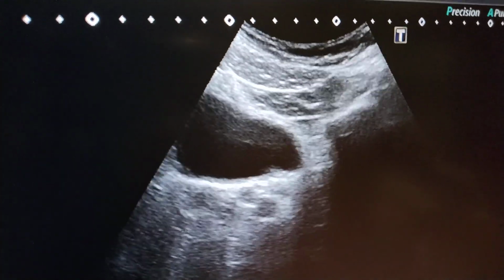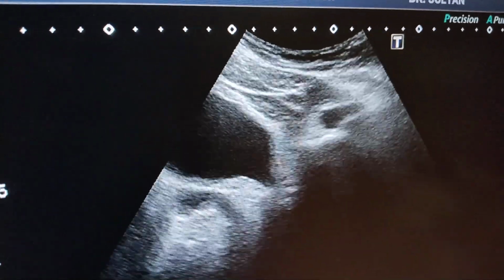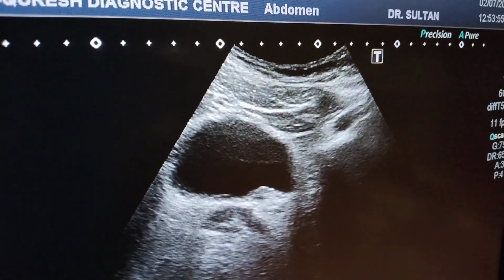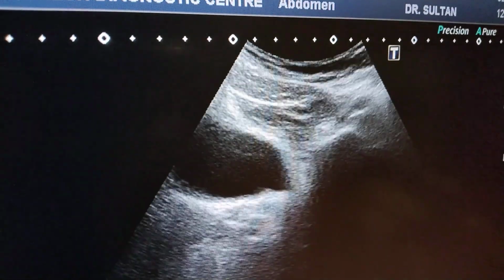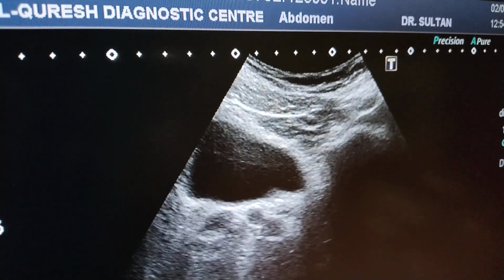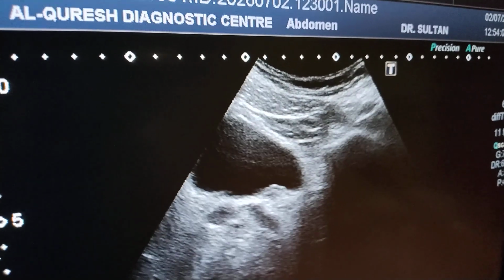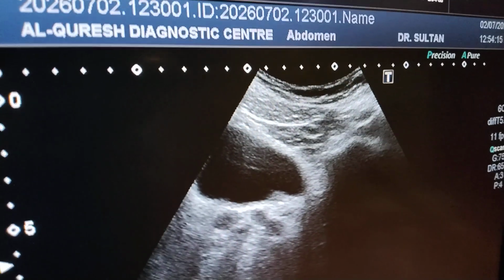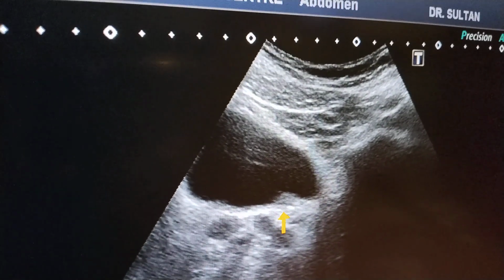This one echogenic. Again I am going to show you. This one is a small stone, hardly visible.